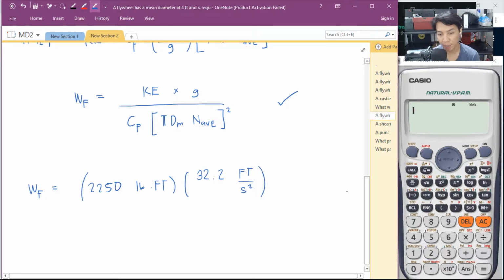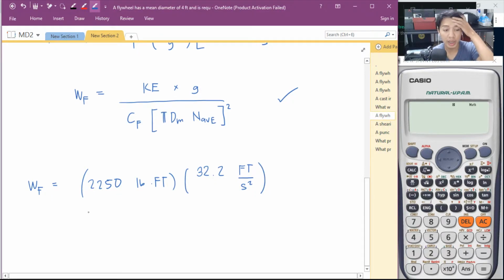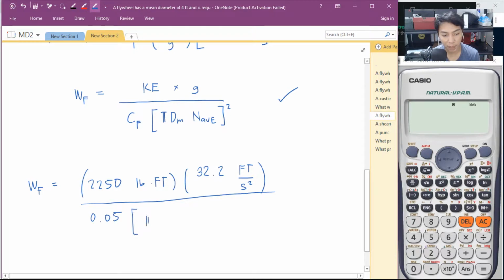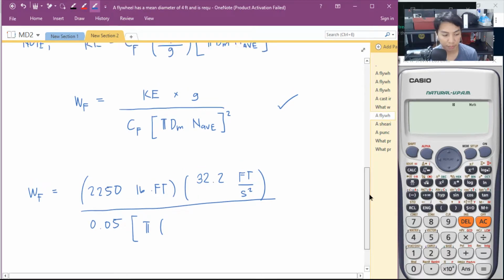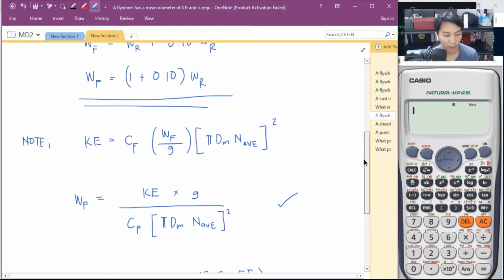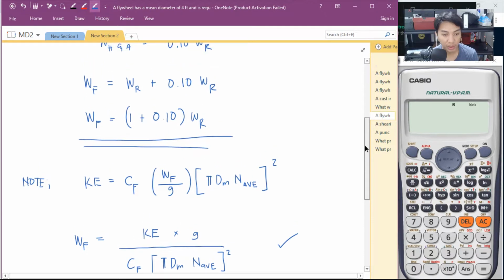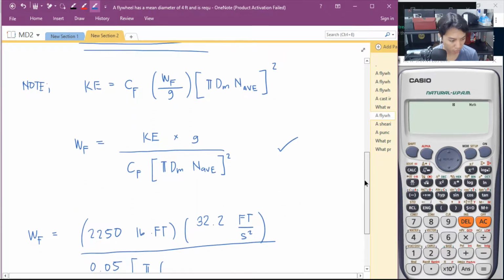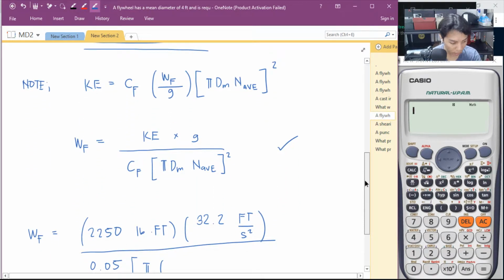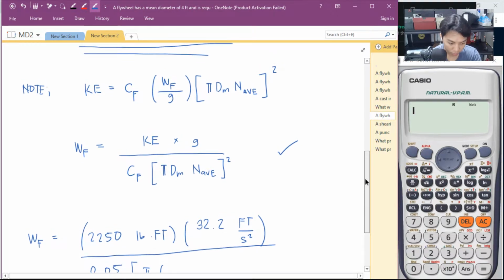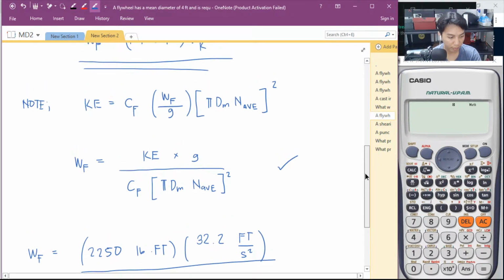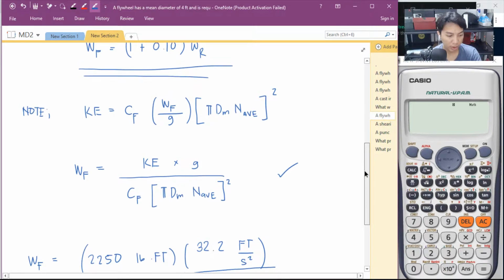Enough na yan. And CF, the coefficient of fluctuation is simply 0.05. Tapos, pi multiplied to DM. Ano yung DM natin dyan? Kailangan to, DM natin is in inches. Naka-squared lahat.